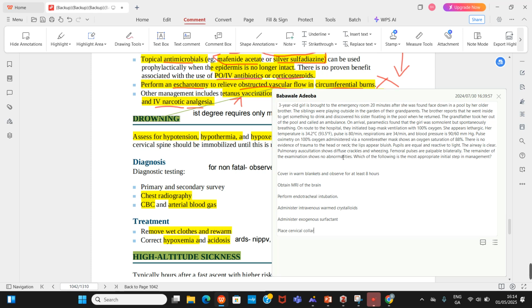There is no evidence of trauma to the head or neck. The lips appear bluish. Pupils are equal and reactive to light. The airway is clear. Pulmonary auscultation shows diffuse crackles and wheezing. Femoral pulses are palpable bilaterally. The remainder of the examination shows no abnormality. Which of the following is the most appropriate initial step in the management?